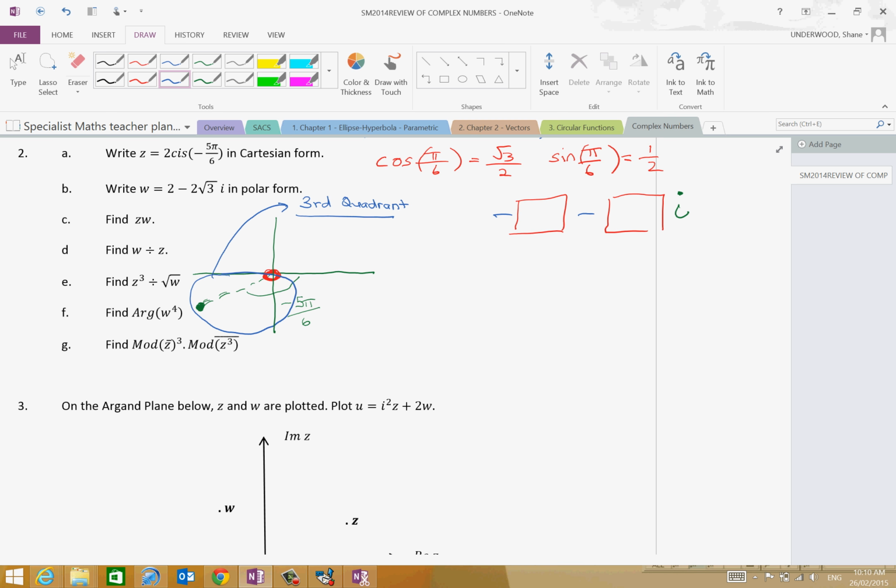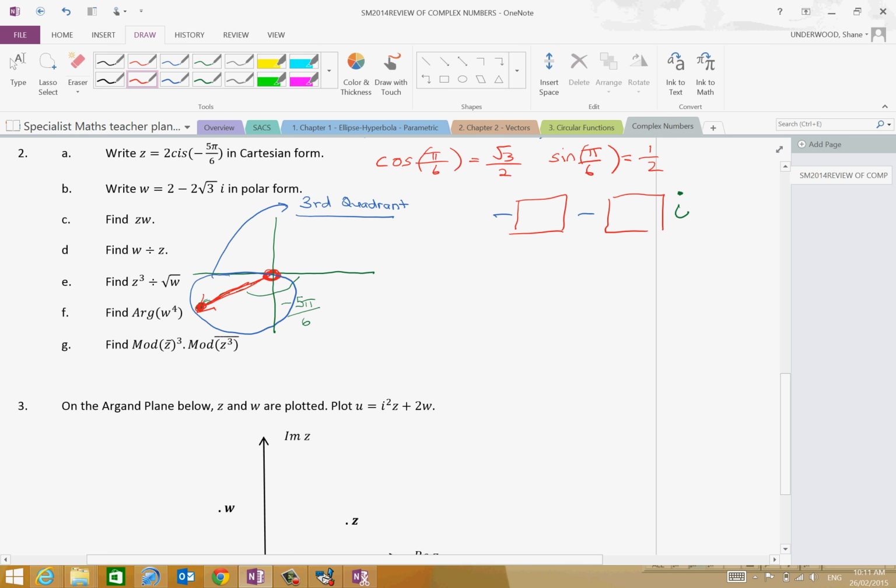Now, polar form is a point which is a distance from the pole. In other words, the modulus is, in this case, 2, and it has an argument, which means the argument of z is equal to what? Negative 5 pi on 6. So, what a lot of students do is they think that this is like a vector. No, it's not.